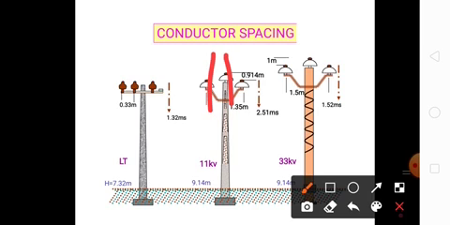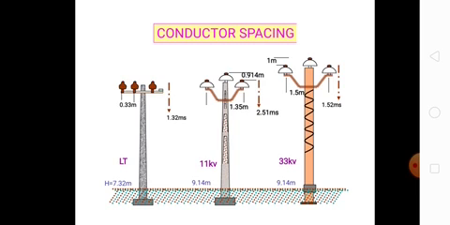And next, for 33 kV, the insulator to insulator height is 1 meter, and the conductor to conductor space is 1.5 meters.